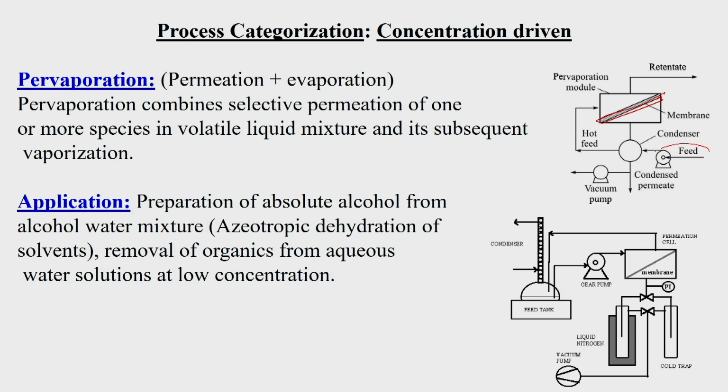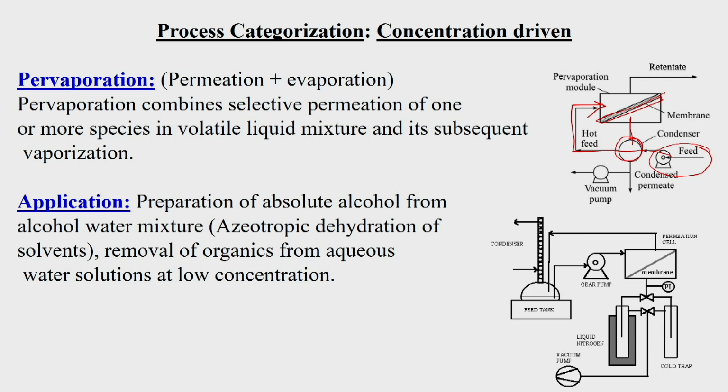Suppose this feed is supplied, and it is heated, and then it is fed to this pervaporation chamber. On the opposite side of the membrane, a vacuum pump is there. Whatever hot feed enters contains a few components which have low volatility.